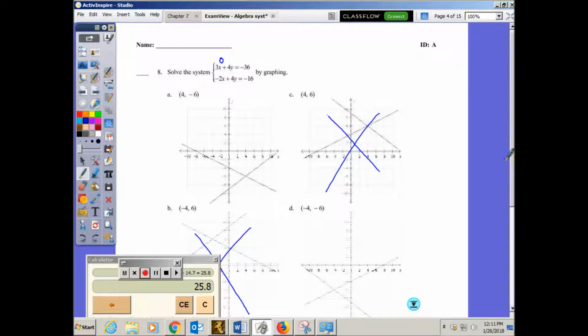Okay? This will have an intercept of -9 for y, and for x, 3x equals -36, and x-intercept of -12. So let's look here. This line has an intercept of -9, right?